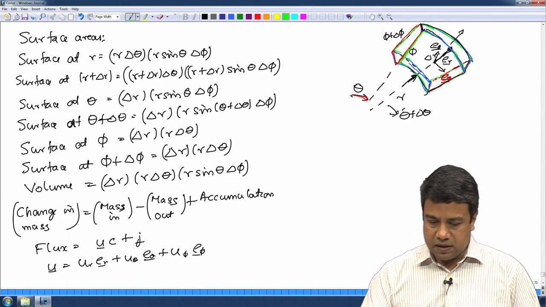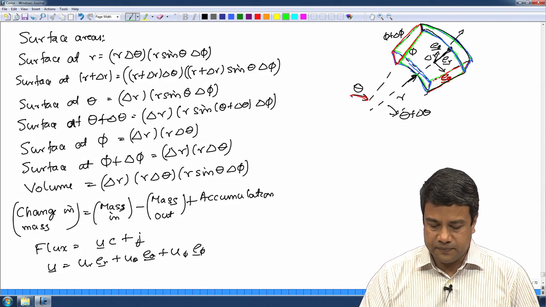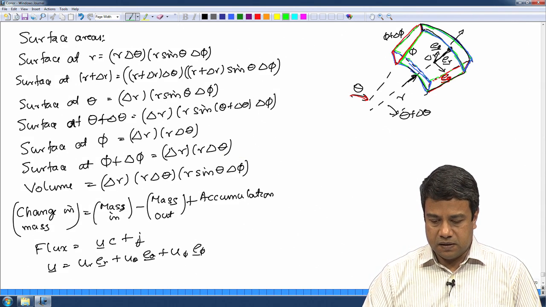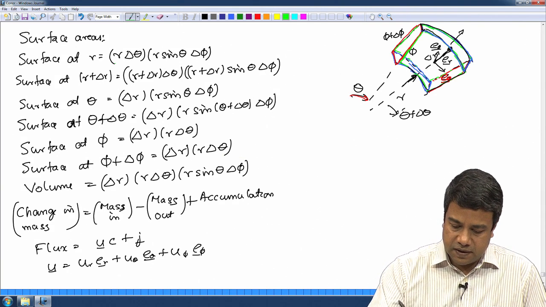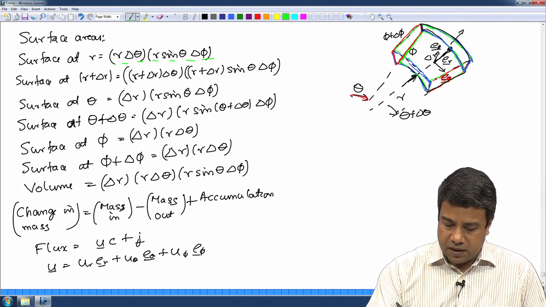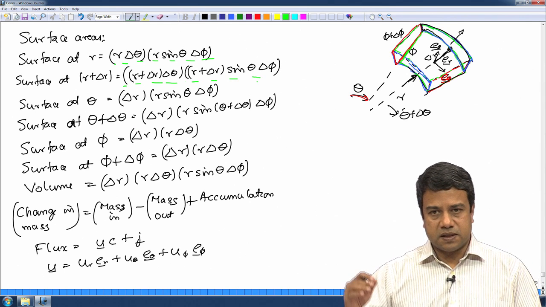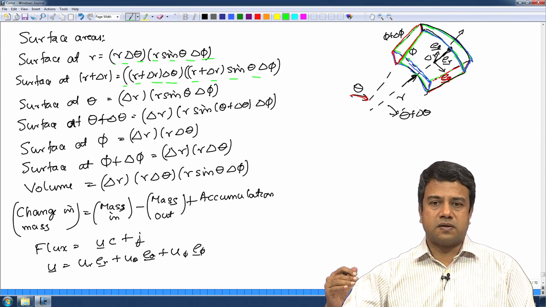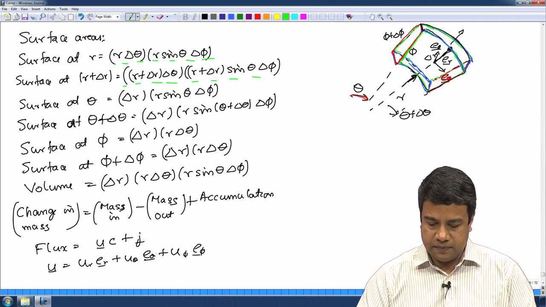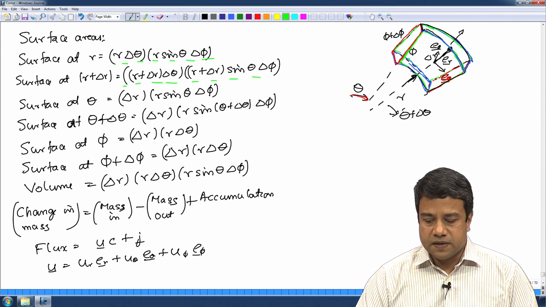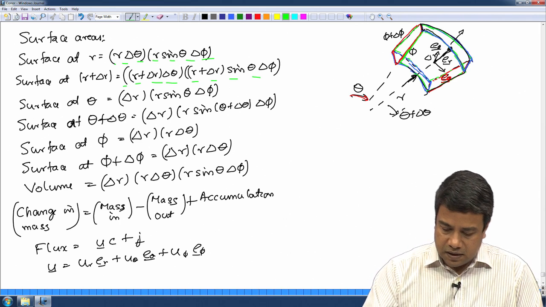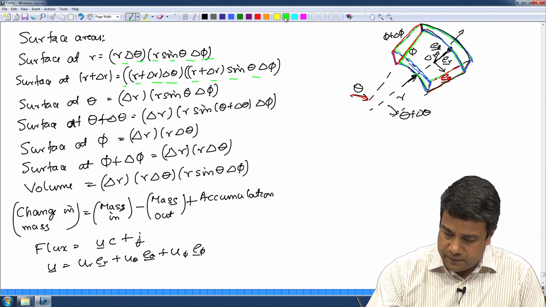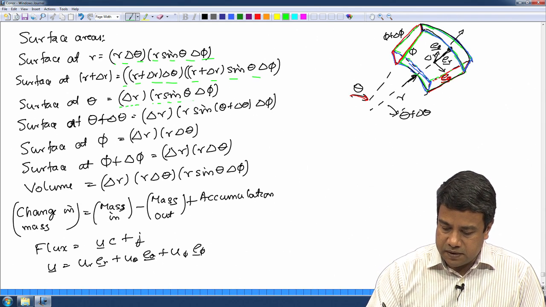Which means that the surface areas are also functions of position. The surface at r is equal to the distance in the theta direction times the distance in the phi direction. And that does vary with radius, because the surface area of a spherical shell is going to depend upon the distance from the center. The surface at theta is equal to the distance moved in the r direction times the distance moved in the phi direction.